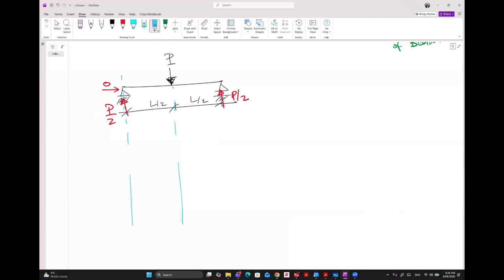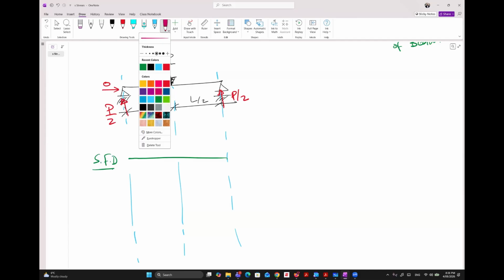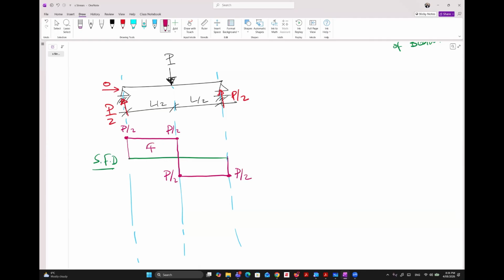How the shear force diagram and bending moment diagram look together. For the shear force diagram, we will go up to P over 2, then straight, then below the datum to minus P over 2, then straight. This is positive, this is negative. What else?